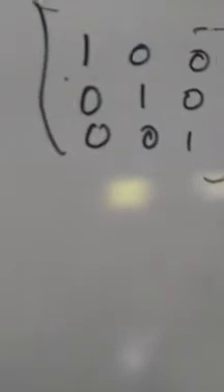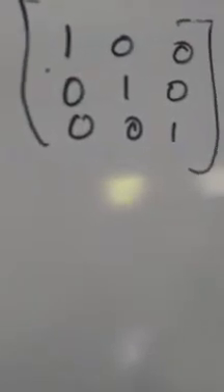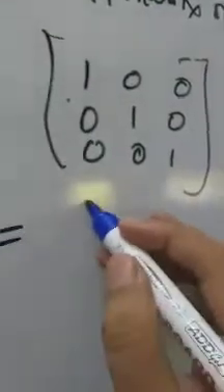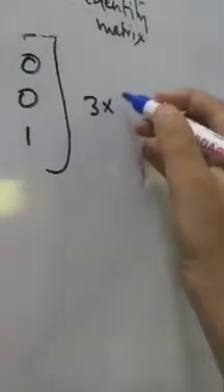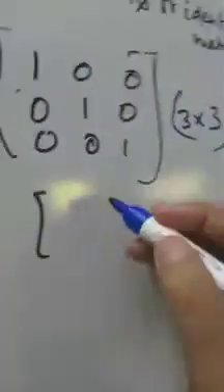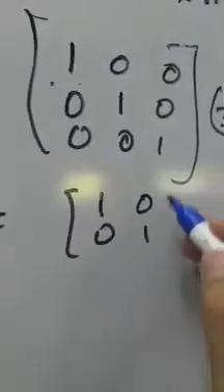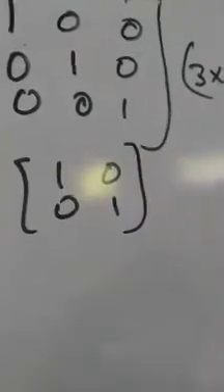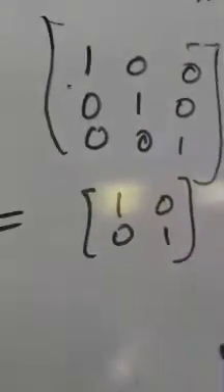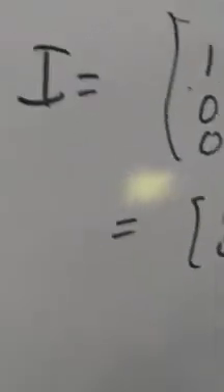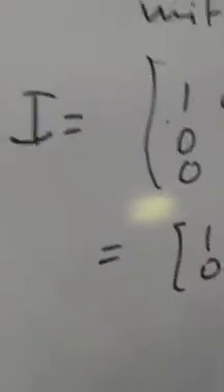This is a 3 by 3 matrix. If I write a 2 by 2 matrix, it will be 1 0 0 1. The leading diagonal elements are 1, all other elements are 0, and it is a square matrix.